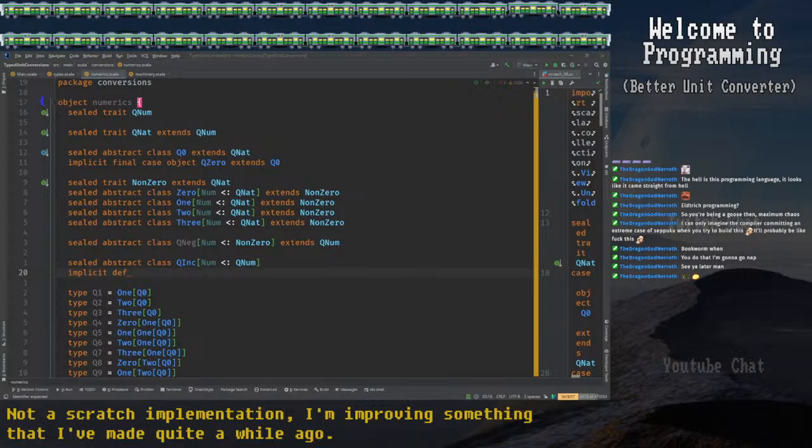Bother. Let's see. Let's worry about the negative cases later. Let's just do the positive case.